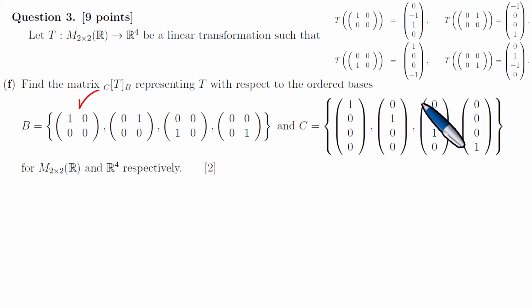Right, because in the end, we are making the claim that we can do this if we're able to write every vector in M22(R) as a linear combination, because this is a vector space. So every vector can be written as a linear combination of other vectors.